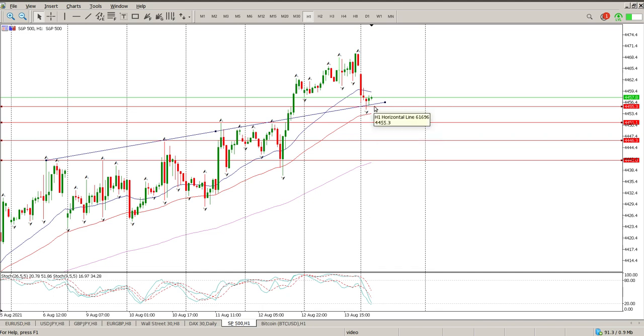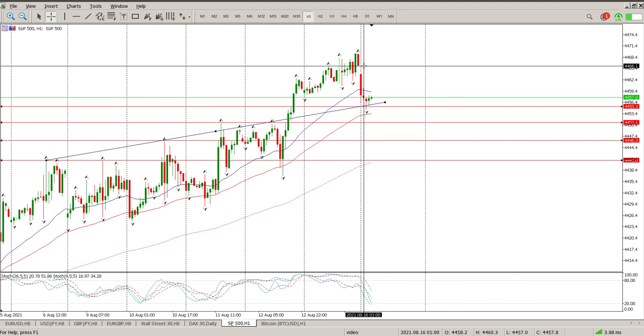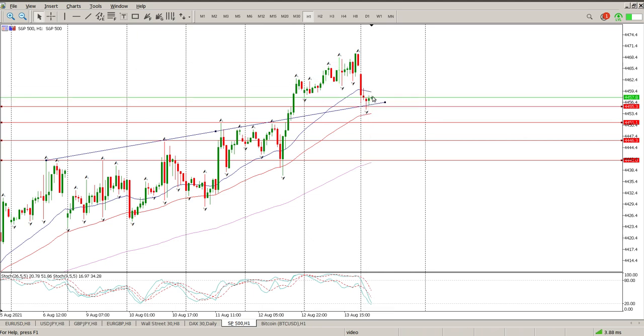Alternatively, I am looking right at this area that we're in right now. The move down at the moment is not that big. We are basically 0.19% down, 84 points down. So it's not a massive move, and that is looking like a fairly decent area to be getting into this.